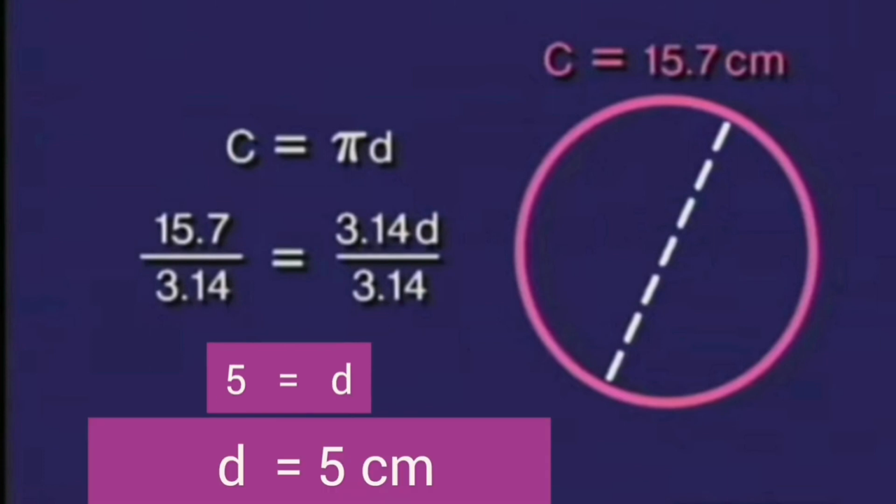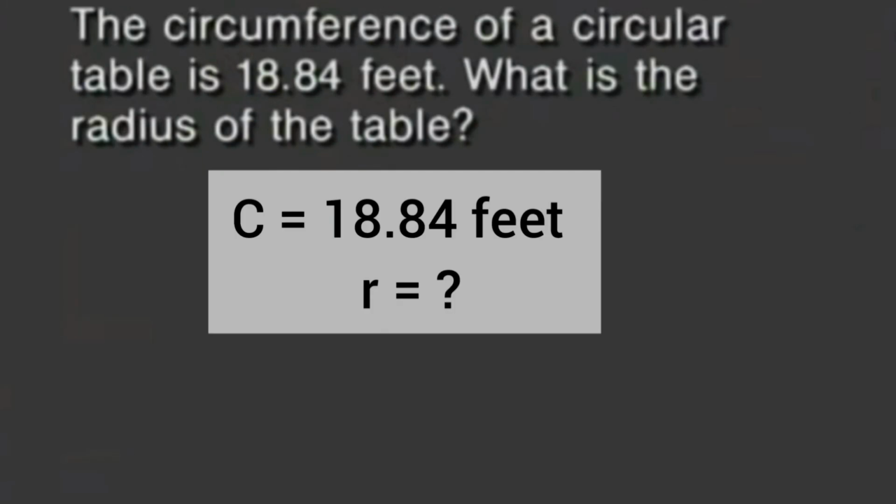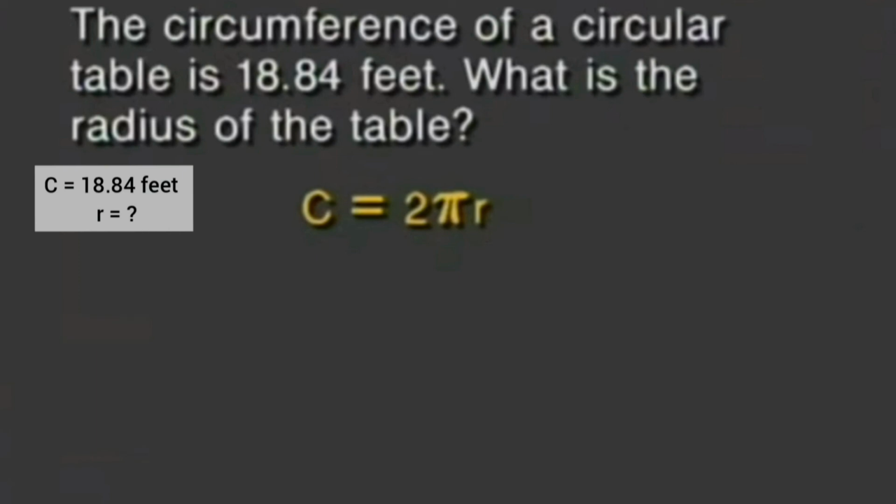Let us see one more example. Let us solve this problem. The circumference of a circular table is 18.84 feet. What is the radius of the table? Since we have to find the radius of the table, use this formula: C is equal to 2 pi r. Substitute the value of circumference as 18.84, and on the right-hand side 2 multiplied by pi value 3.14, and r is unknown.